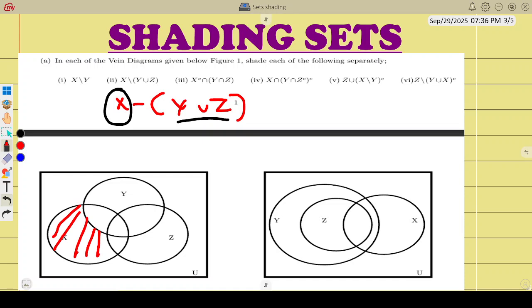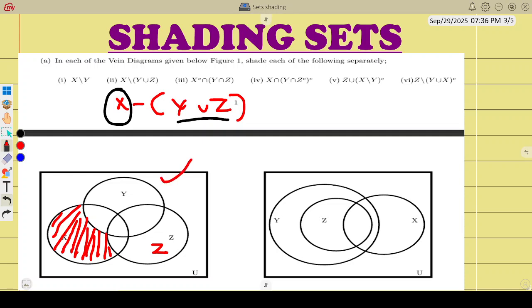just like grade 2. You see that shading is very important. So we've shaded what is in X. This is X, so we do not cross this area because this is Z. We do not want to touch Z, and we also do not want to touch anything in Y. So this is the shading.